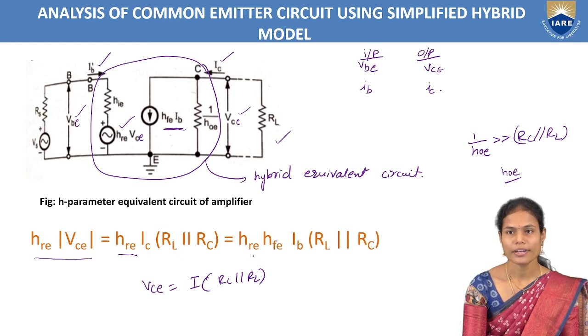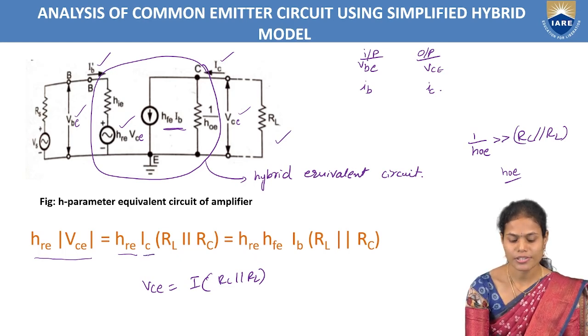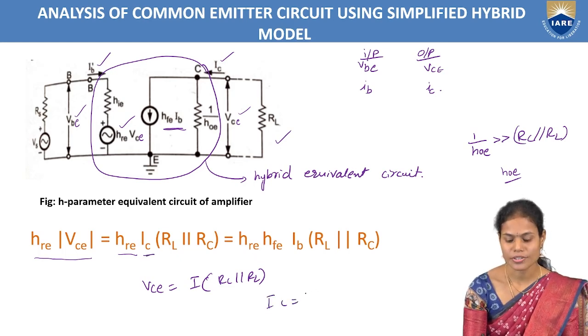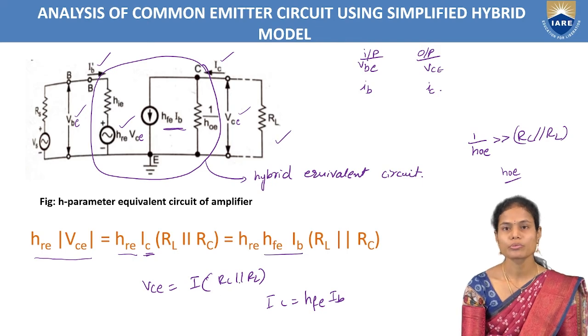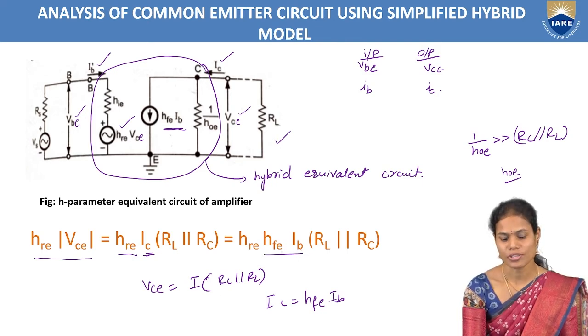Again, IC is nothing but HFE into IB, so we replaced IC with HFE IB. The total HRE VCE value is HRE HFE into IB into the parallel combination of RC and RL.